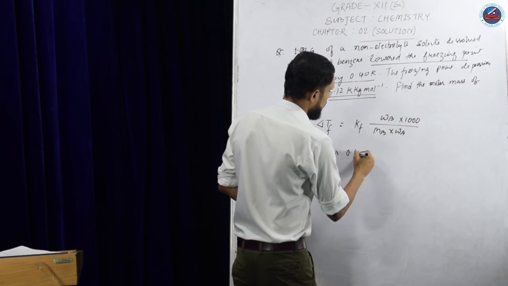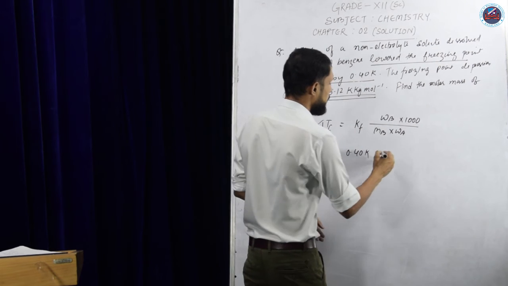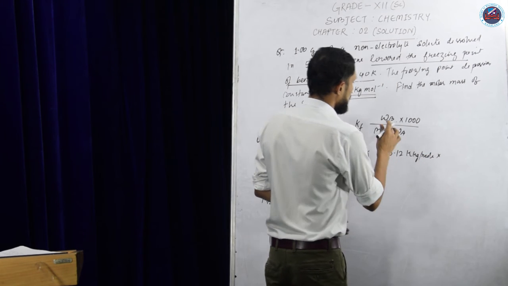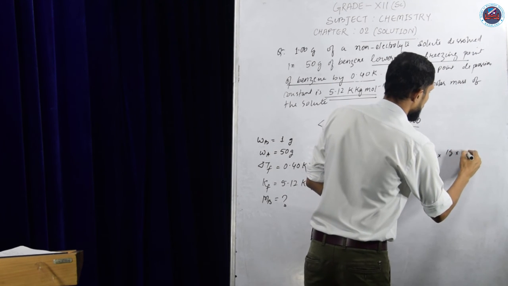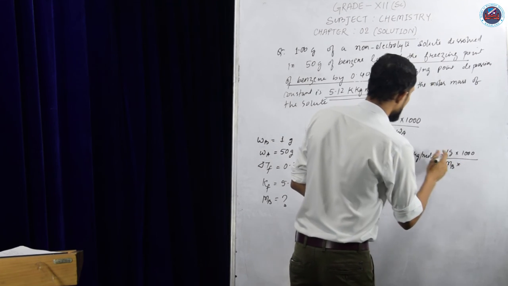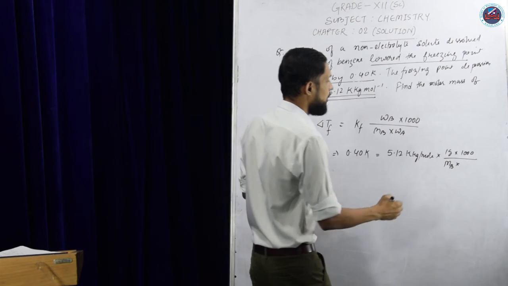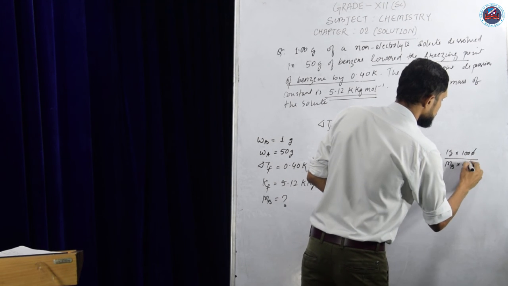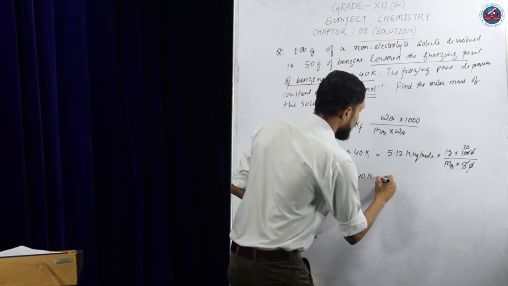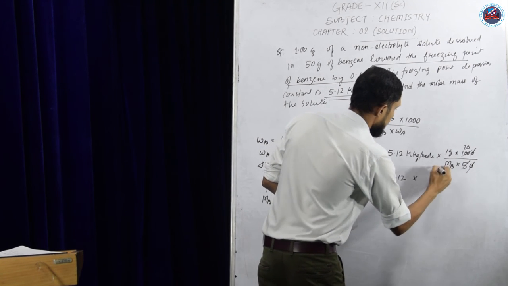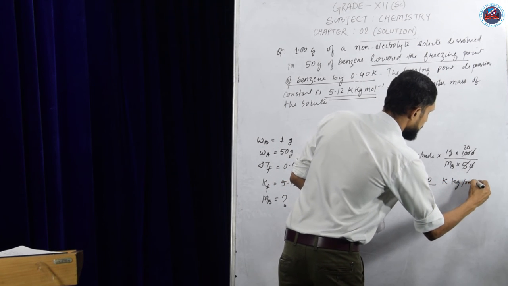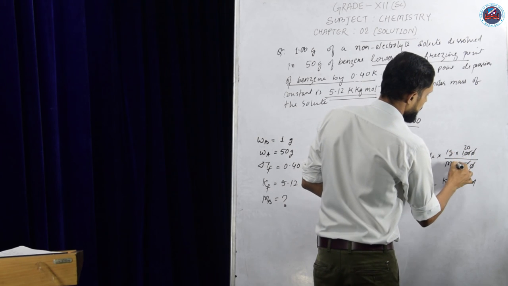So delta Tf is 0.40 Kelvin, equal to Kf, 5.12 Kelvin Kg per mole, mass of solute 1 gram, molar mass of solute you have to find, mass of solvent is given 50 gram. So 0.40 Kelvin equal to 5.12 multiplied by 20 Kelvin Kg per mole gram.